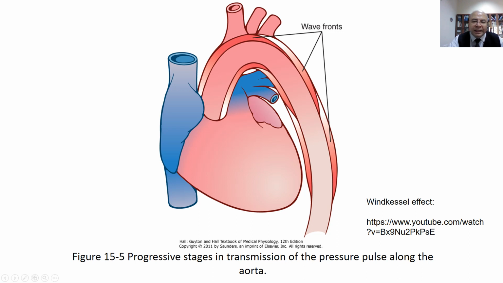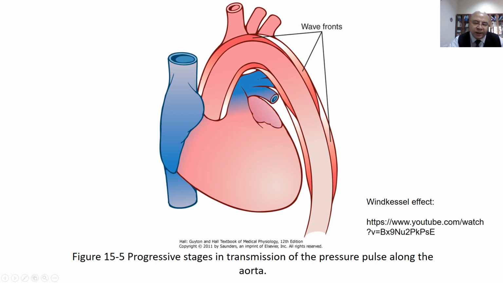So in this figure you see the aorta. Okay, with each cardiac systole the elastic aorta will be enlarged by the increased blood and increased pressure inside. Due to elasticity, it will be enlarged in volume.